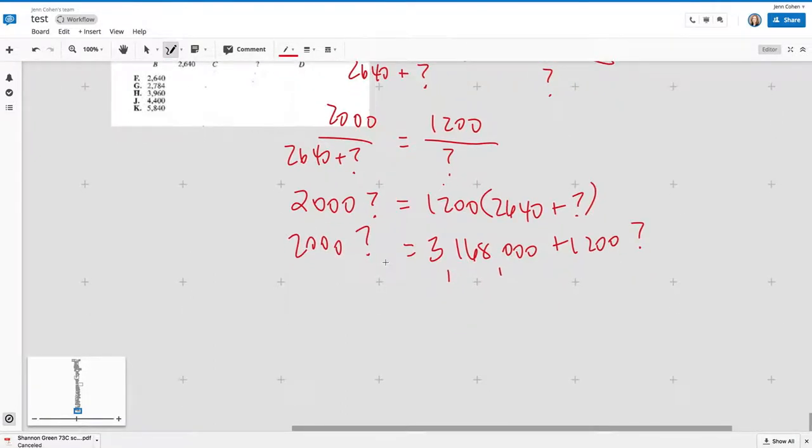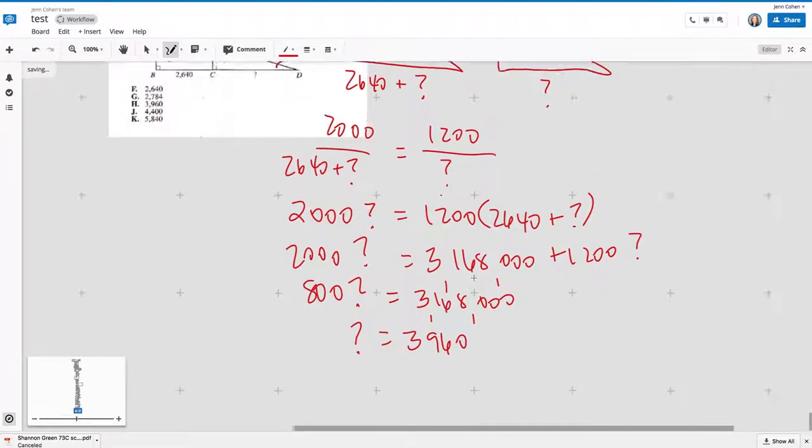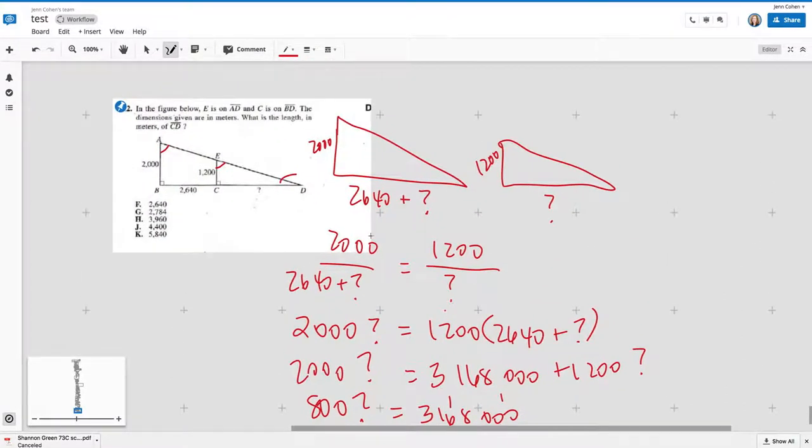Subtract 1200 question mark from both, so that'll be 800 question mark equals 3,168,000. Divide both sides by 800 and you are left with the question mark is 3960, which is H.